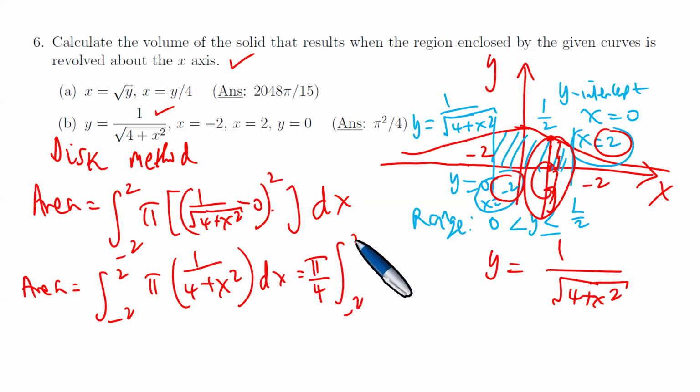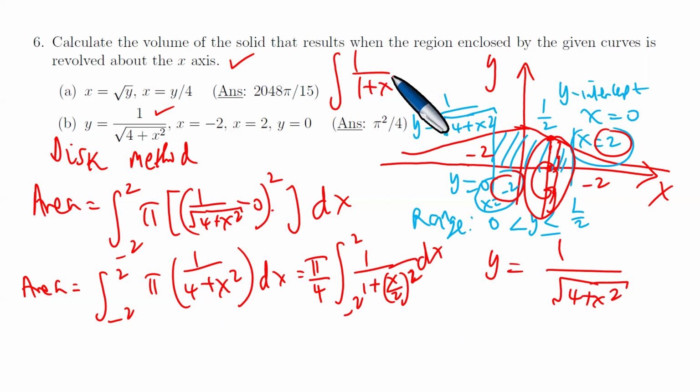You have minus 2 to 2, then 1 over 1 plus x squared over 4, which you can write as (x over 2) squared, then the dx like that. We just need to do this particular integral here. I pulled out the 4 so that this can resemble the formula of 1 over 1 plus x squared dx, because we know this integral is arctan of x.